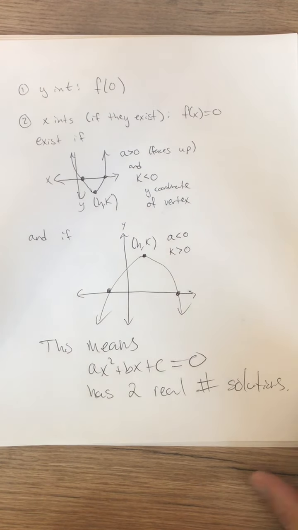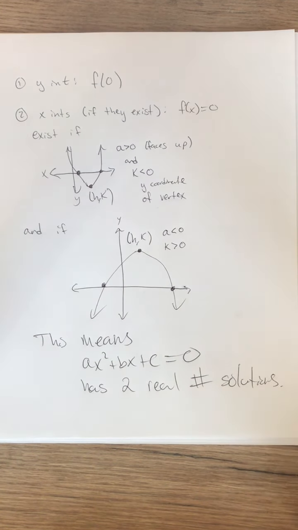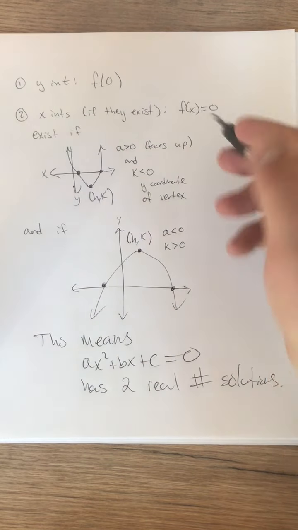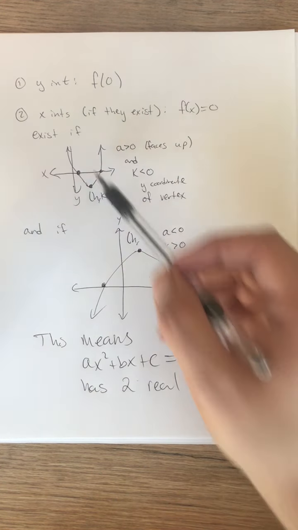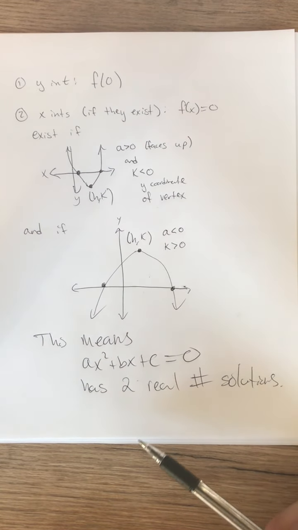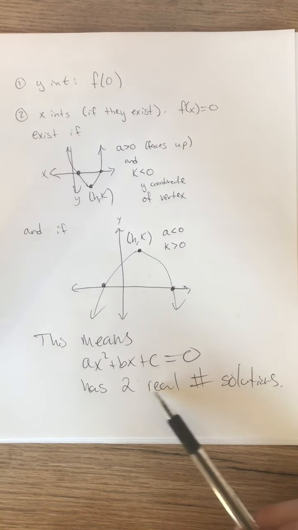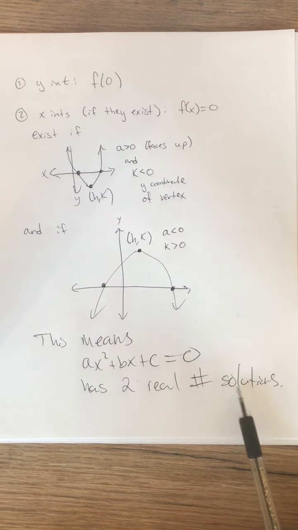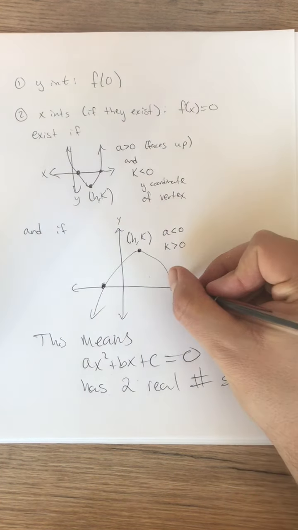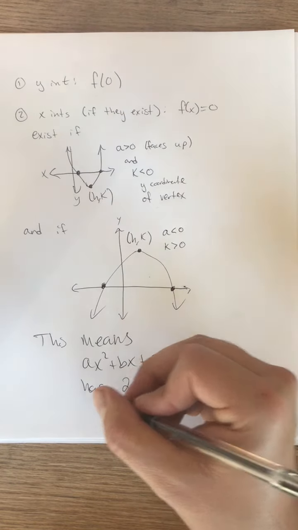And what this means is when we go to find the x-intercepts, when we set the function equal to 0, we're going to get a quadratic equation. And if this is the case on the graph, that means that the quadratic equation is going to have two real number solutions, and those real number solutions occur at the x-intercepts.